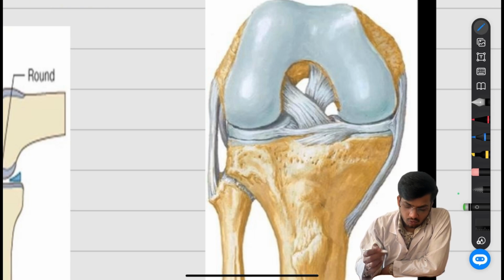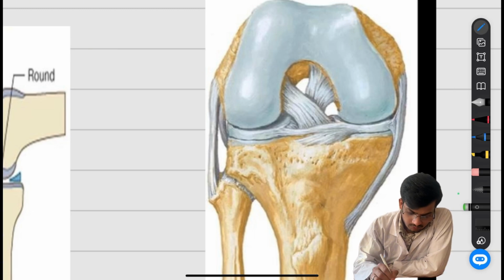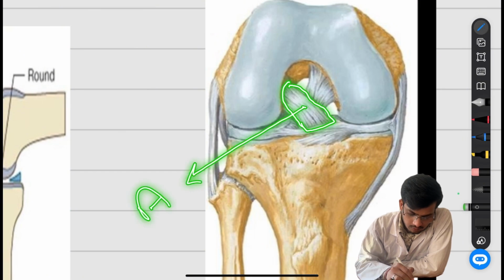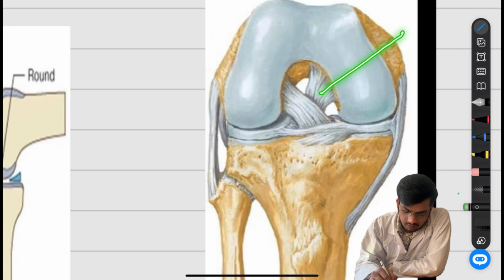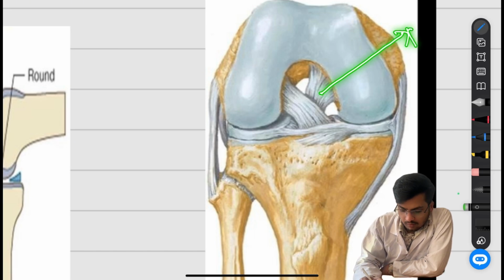You can see this structure. This is your anterior cruciate ligament, and this is your posterior cruciate ligament.